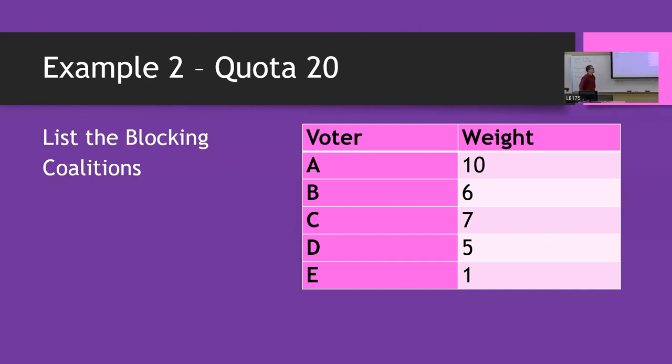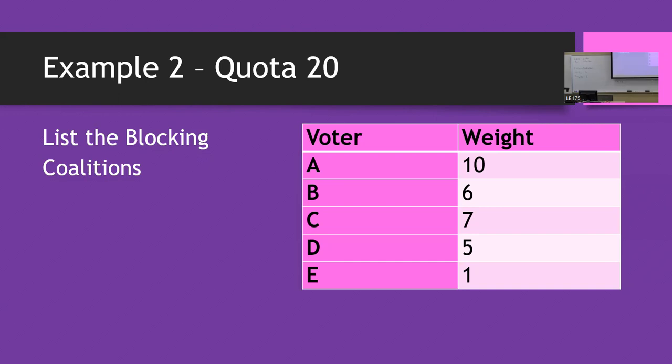Now, I'm not going to do this by hand, but if we try to list out all of the blocking coalitions, there's going to be a lot more of them because remember, this system only had 29 votes. Therefore, every group which has 10 votes forms a blocking coalition.